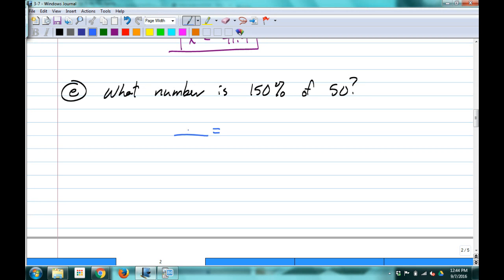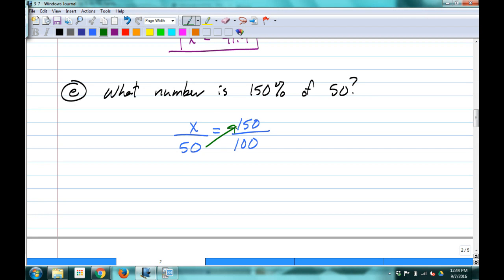What goes on top there? X over 50. Yeah, 150 over 100. Should our answer be bigger than 50 or smaller than 50? Bigger. Why? Because it's 150%. More than. Right. 150% means more than the regular amount.